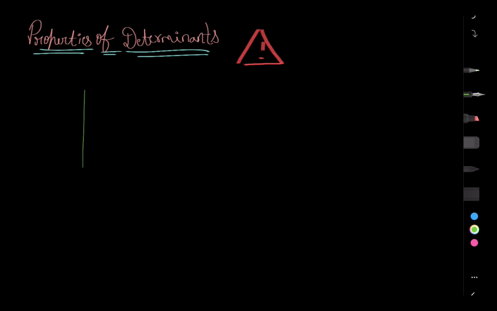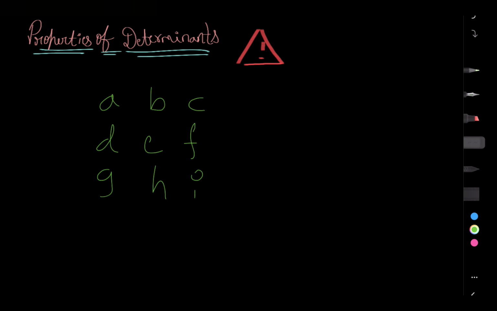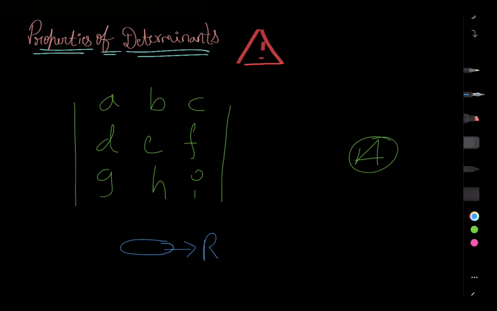As we all know, the basics: A B C, D E F, G H and I. Right. If this is my determinant A, then which I'm marking with this, these are rows, remember these are rows, and which I'm marking with pink color, these are columns.